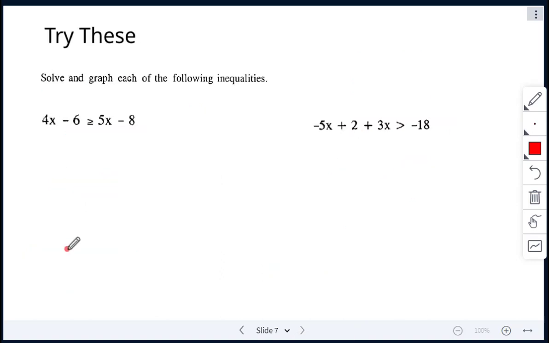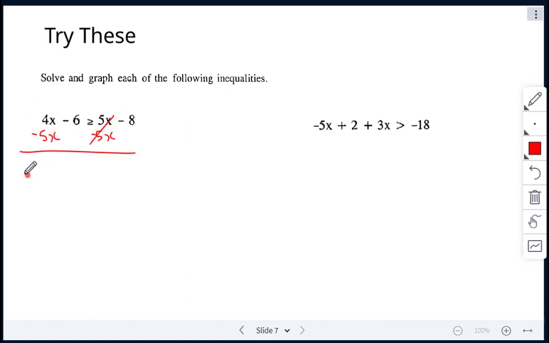Okay, so for this example, we have 4x minus 6 is greater than or equal to 5x minus 8. So just like solving a regular equation, we like to bring our x over to the left side. So we're going to subtract 5x on both sides.